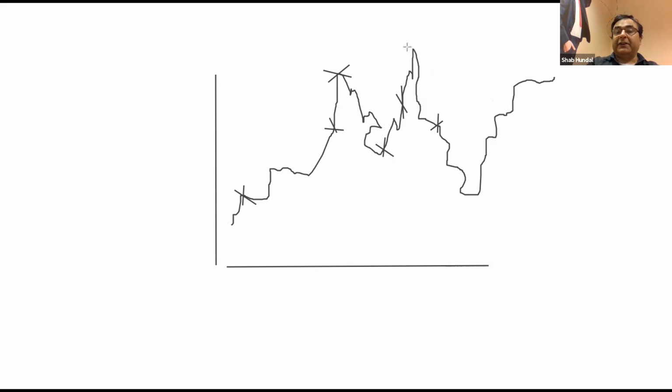Look at this point, the peak. Here again, the demand was very high and supply was matching it. Because the demand was very high, the price was up, people were selling euros more at that time, and they were getting more American dollars. So supply was also matching. So every point on the graph, the peak, the highest point, has an invisible demand curve and supply curve lying there.